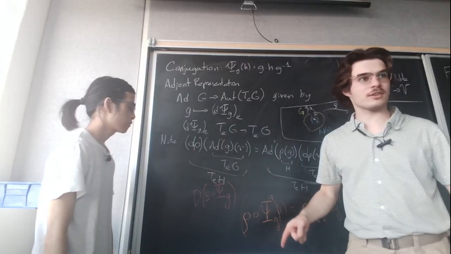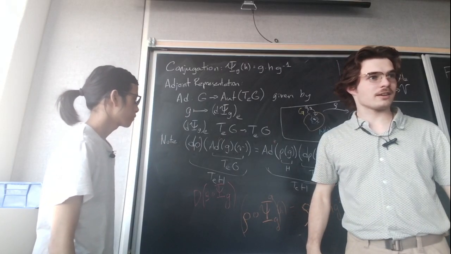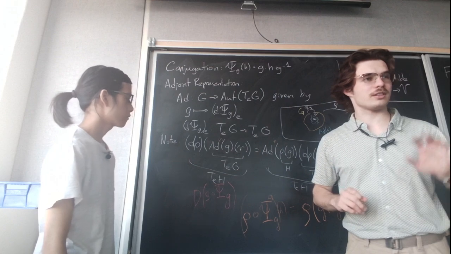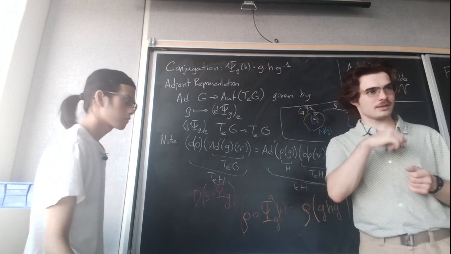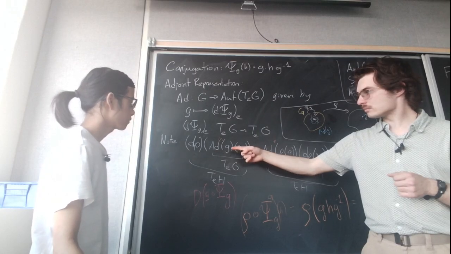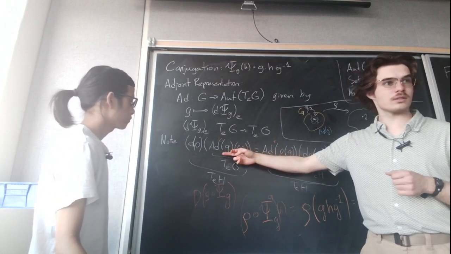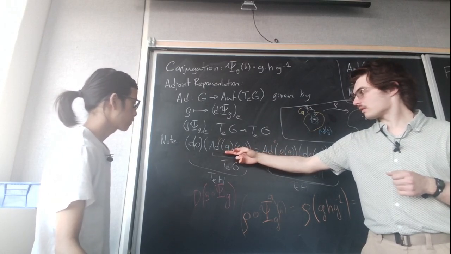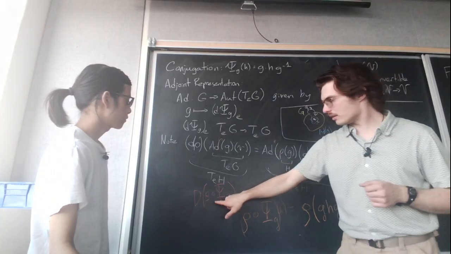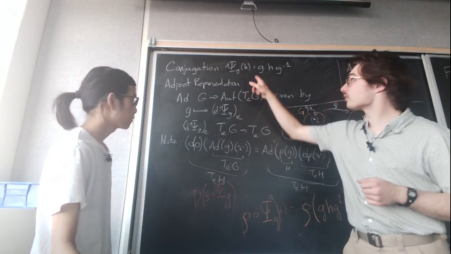Yeah, that's chain rule. Sorry, I don't understand your question. Say it again. The first line says d rho applied to something, and the stuff that's in the red is d of rho composed with something. Yes. And this is rho composed with this conjugation map.